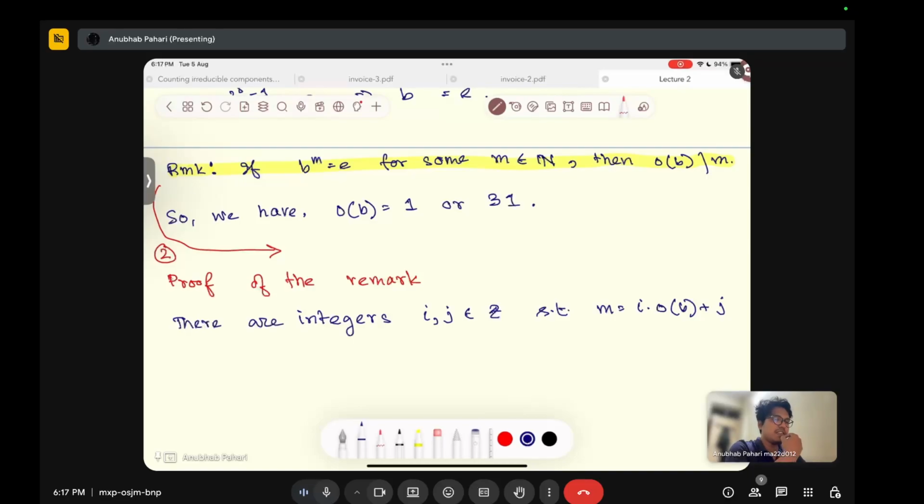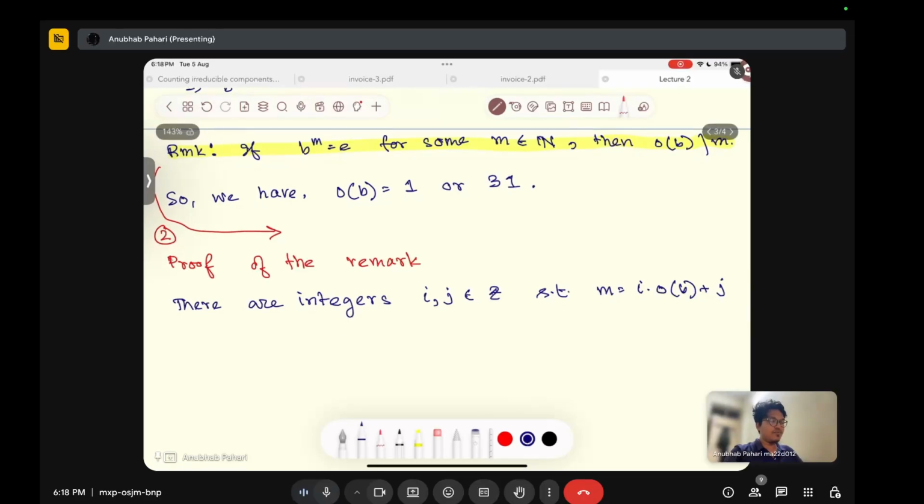You will be formally introduced to this in ring theory. I think this is pretty standard from 11th and 12th, because you can just simply divide m by the order of b, and if it does not divide, then you get some residue, and from there you can write this.